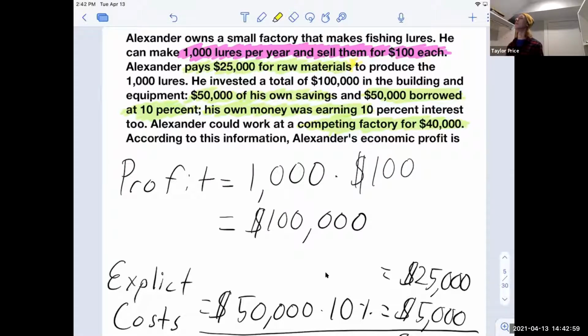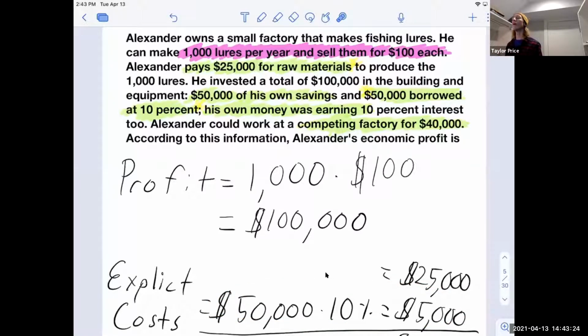The second one, which is a little bit counterintuitive, is the $50,000 that he borrowed at 10%. So we have to calculate the interest that he's paying on that money. We take the 50,000 times the 10% to get 5,000.